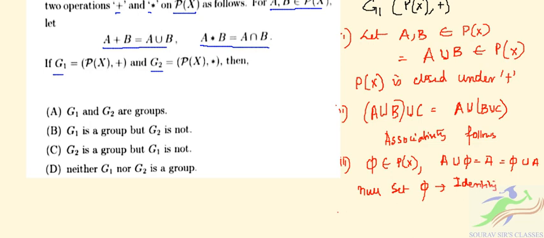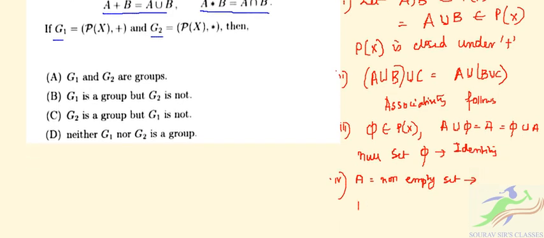And the last property: if A is a non-empty set, then A union B will be a superset of A, which is not equal to the null set.